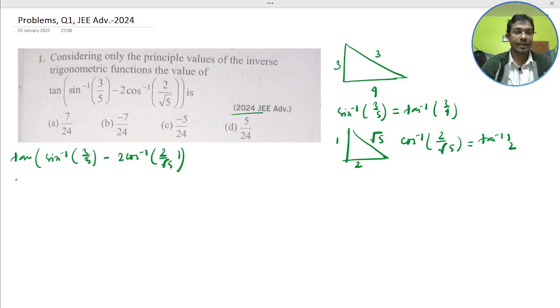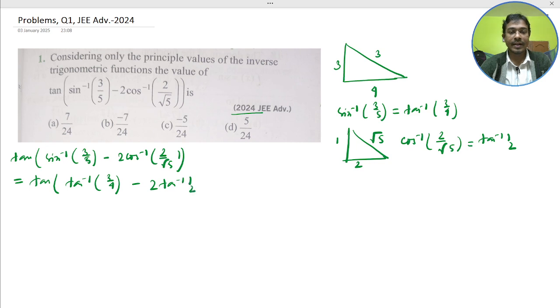So we apply here: tan of tan inverse 3 by 4 minus 2 tan inverse half.